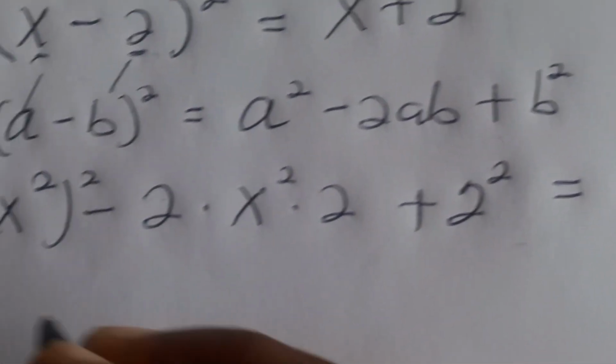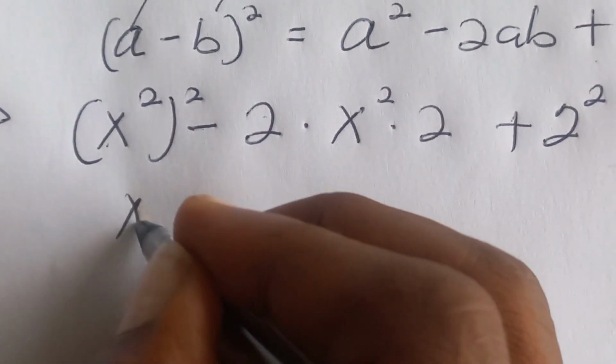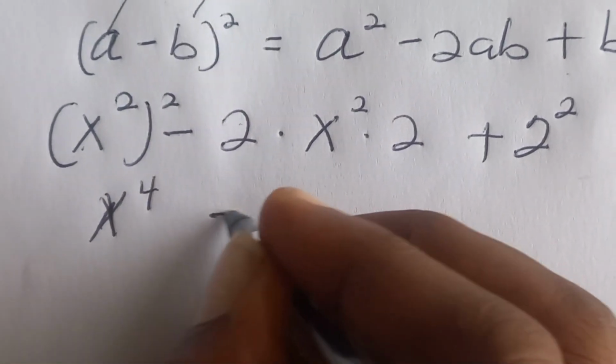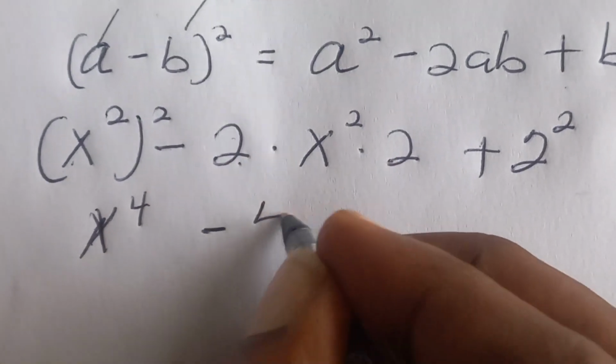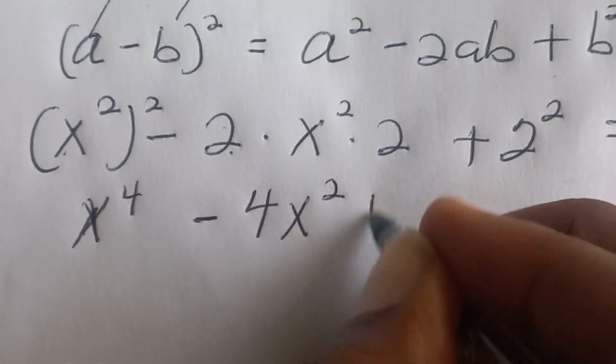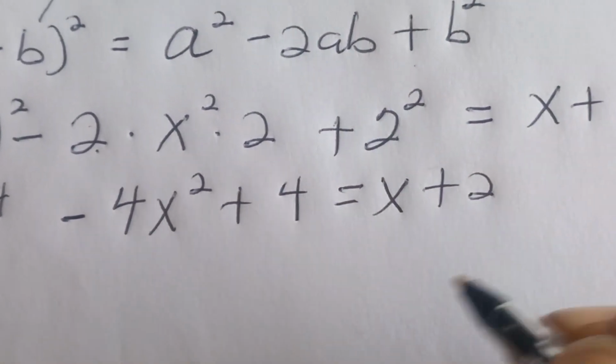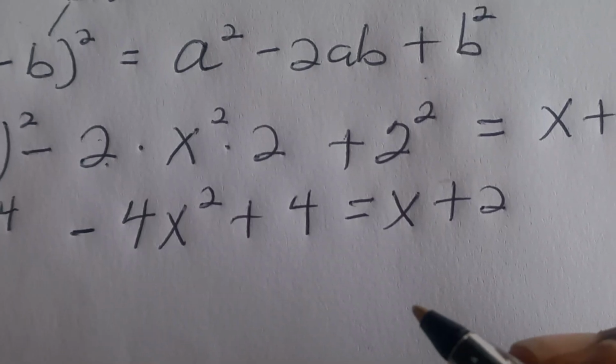So let's simplify things out. This one will give us x⁴ minus 4x² plus 4, and it's equal to x + 2.